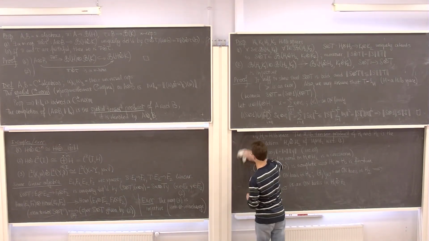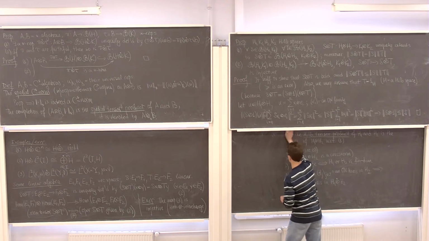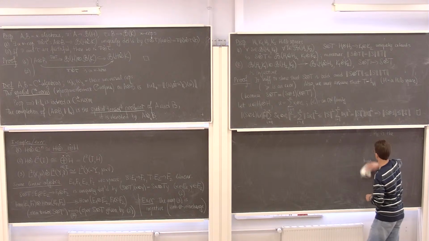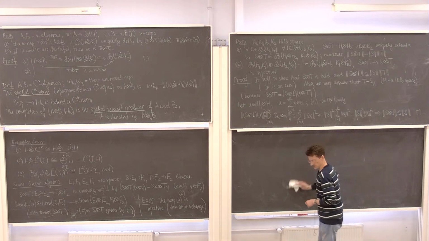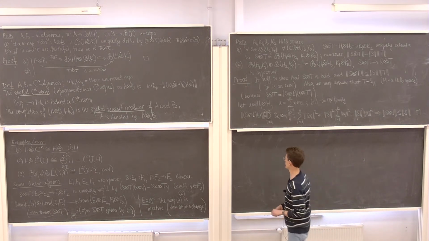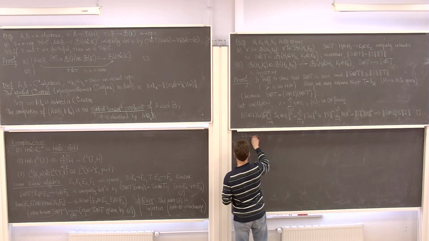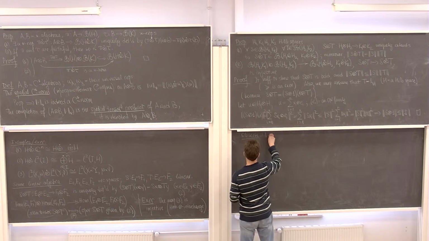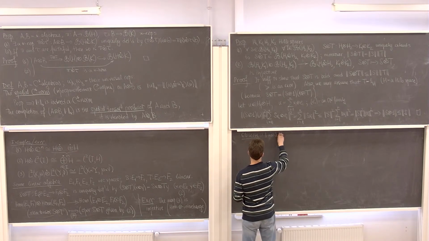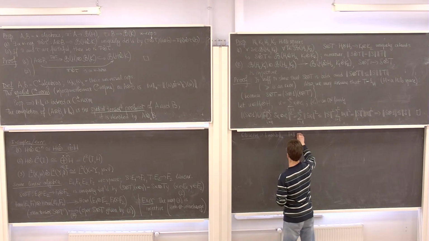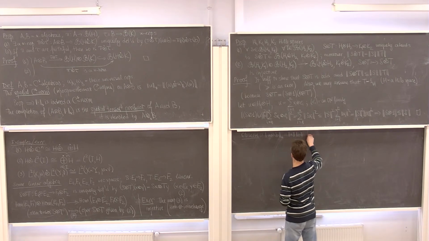It follows easily from the construction that the spatial norm of each elementary tensor is just the norm of A times the norm of B.